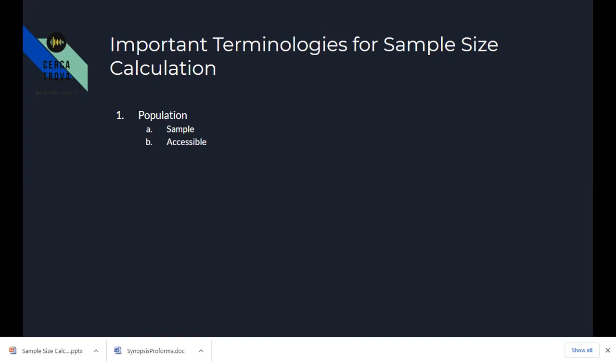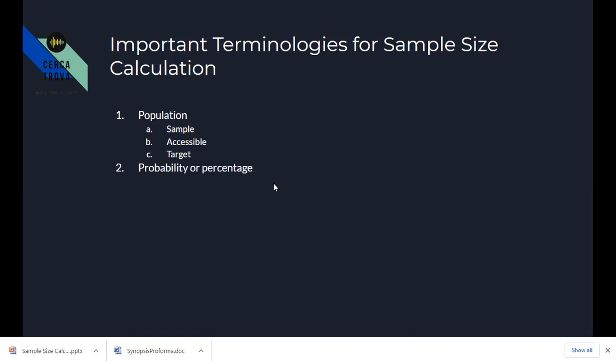So the first is sample that you have to study. The second part is accessible, all those people who have the disease and can be included. And the third part is target. This refers to all the individuals with the disease or the condition of interest on whom the study findings will be generalized and applied. So the study population comes down to the target population, and this is the thing that you should always keep in mind.